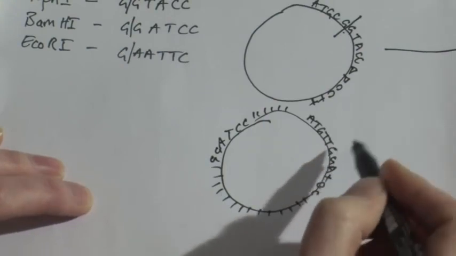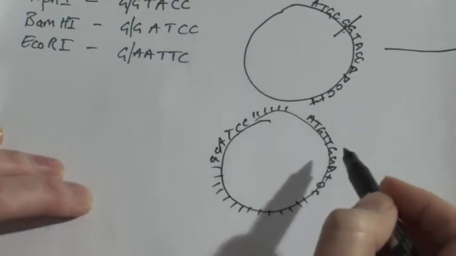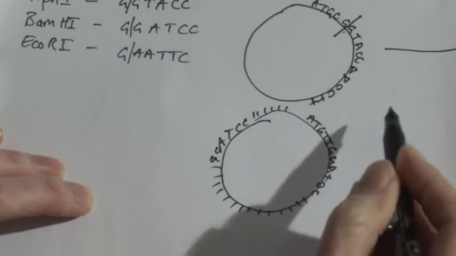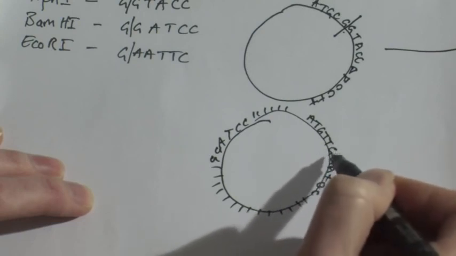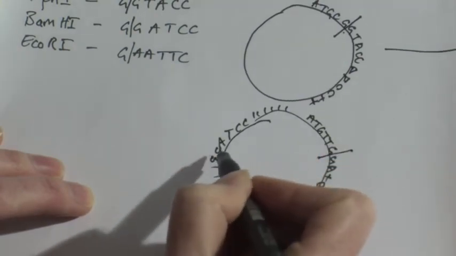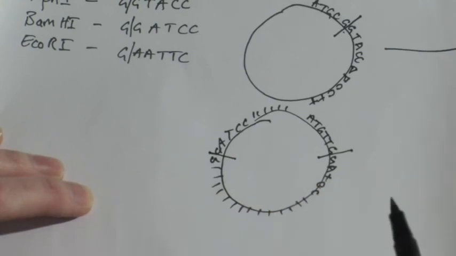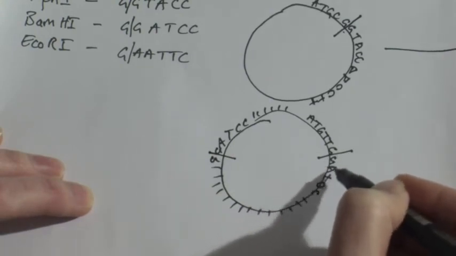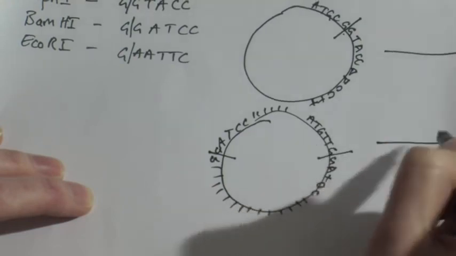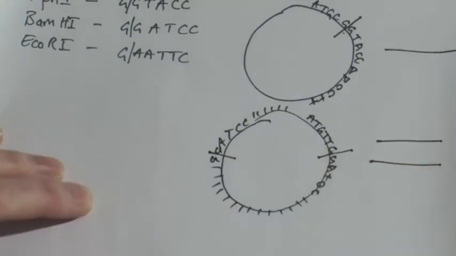If I was to digest this plasmid with BamH1, BamH1 has got two restriction sites. There are two sites where the enzyme is able to digest this DNA. So BamH1 is going to cut there, and there. So my circular piece of DNA has been cut twice, and I am left with two fragments of DNA.